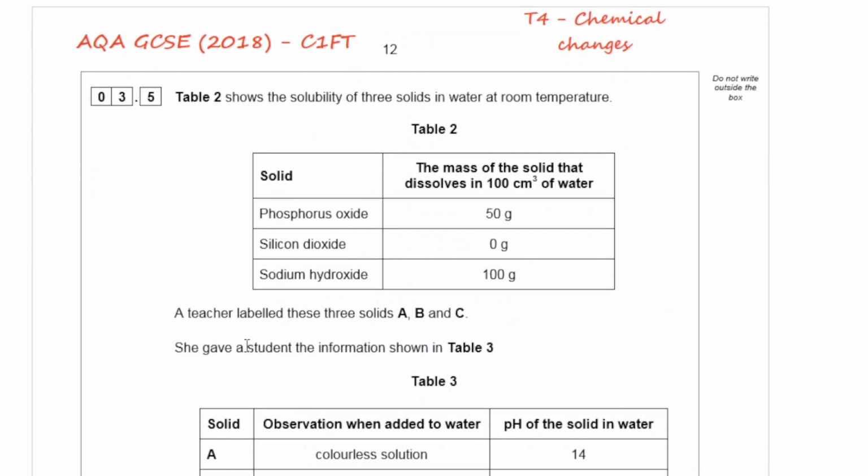Table 2 shows the solubility of 3 solids in water at room temperature. So you've got phosphorus oxide, 50 grams will dissolve in 100 centimeter cube of water. Silicon dioxide, it doesn't dissolve at all. Sodium hydroxide, 100 grams actually dissolves in the water. So it's a ratio of 1 to 1. A teacher labeled these 3 solids A, B, and C. She gave the student information.